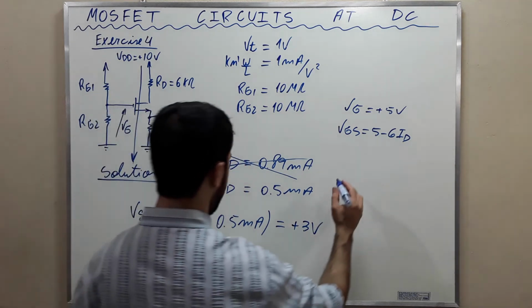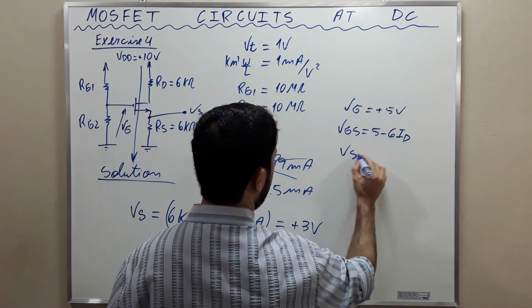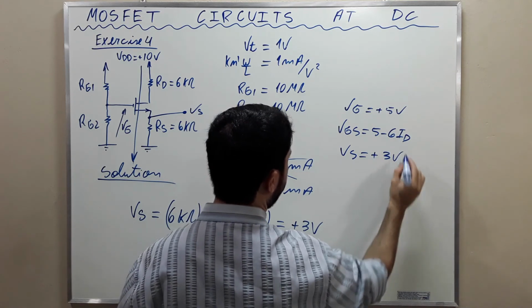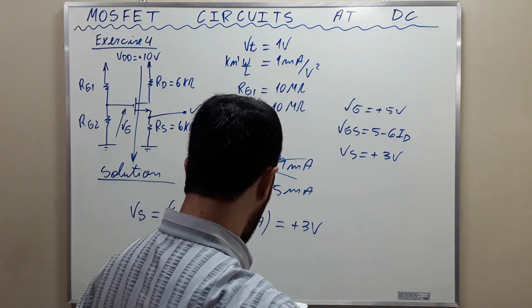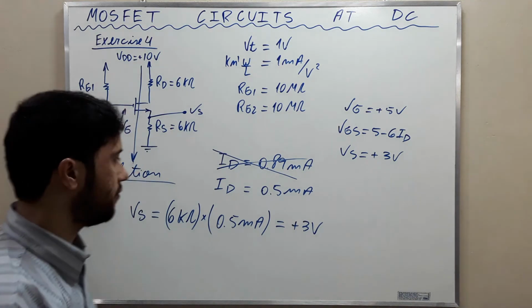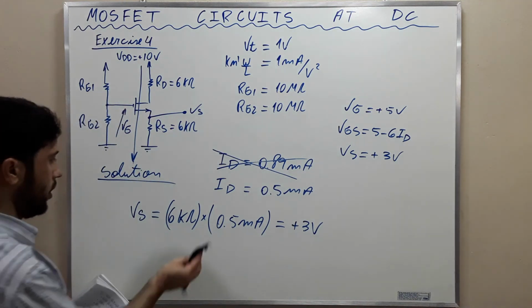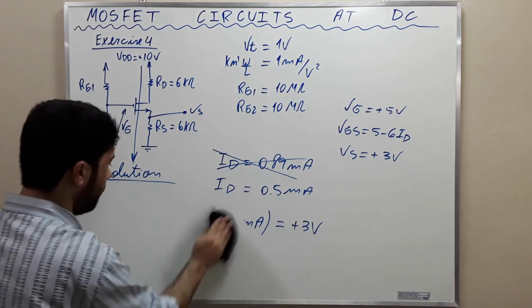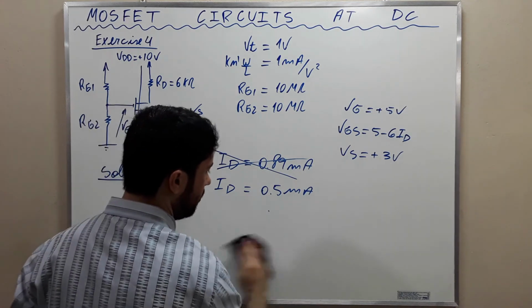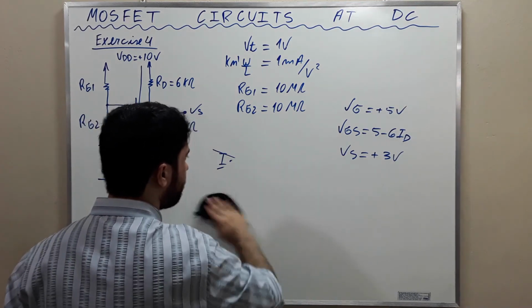So Vs is equal to positive 3 volts. Now let's calculate the other values. We have to calculate Vg and Vd.